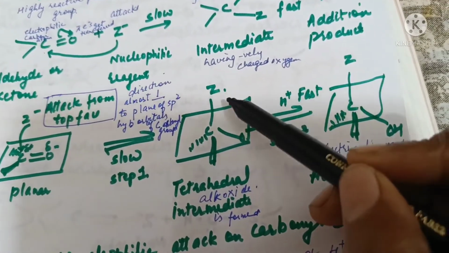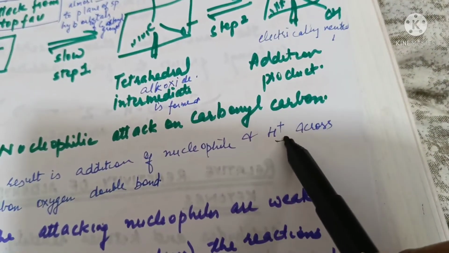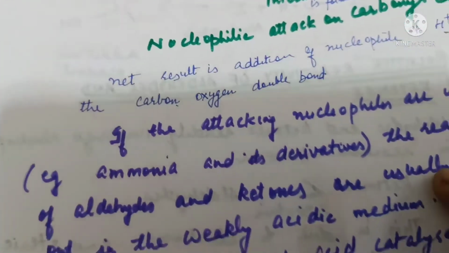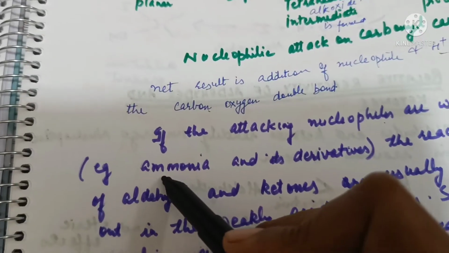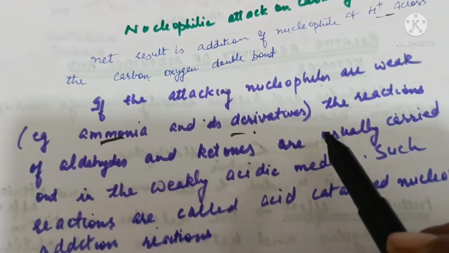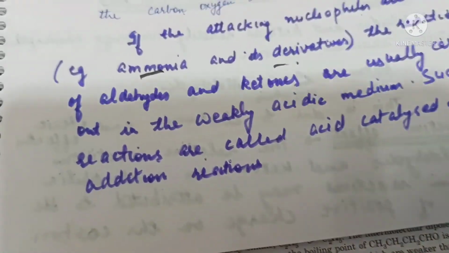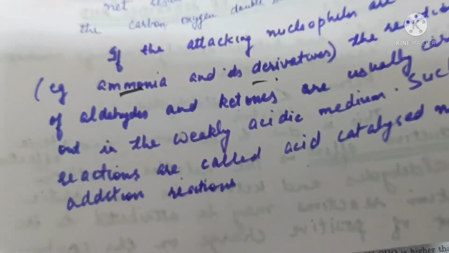The net result is addition of a nucleophile to carbon and of a proton to oxygen of the carbon-oxygen double bond. If the attacking nucleophiles are weak, for example ammonia and its derivatives, then the reactions of aldehydes and ketones are usually carried out in weakly acidic medium, and such reactions are called acid catalyzed nucleophilic addition reactions.